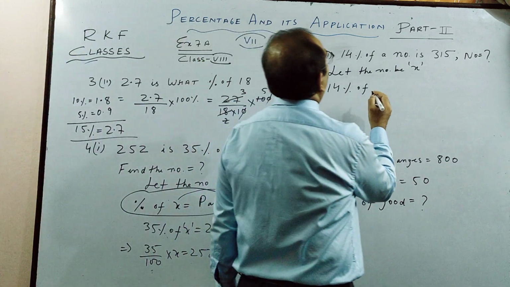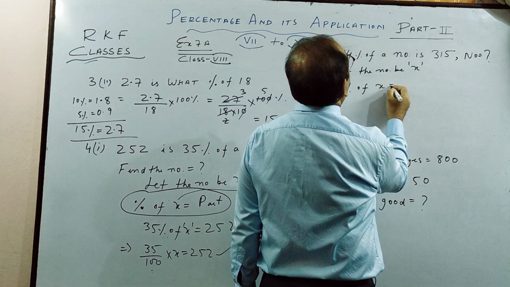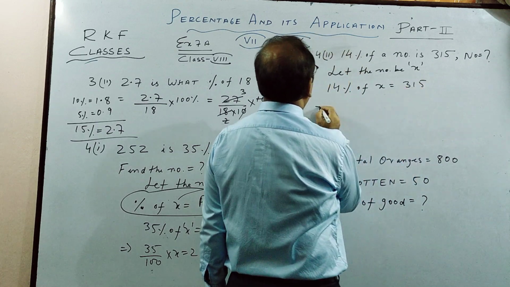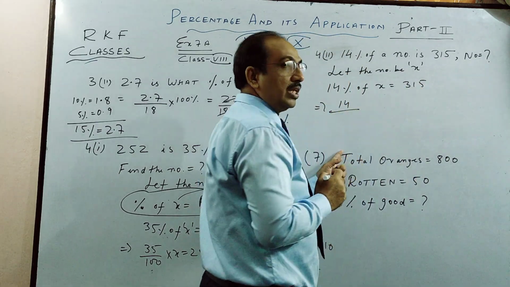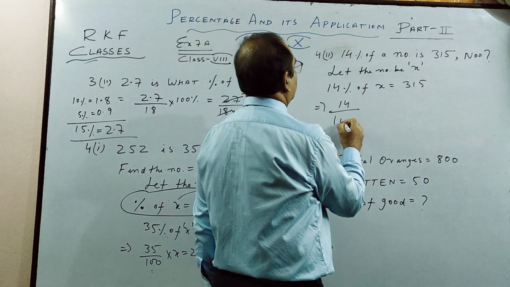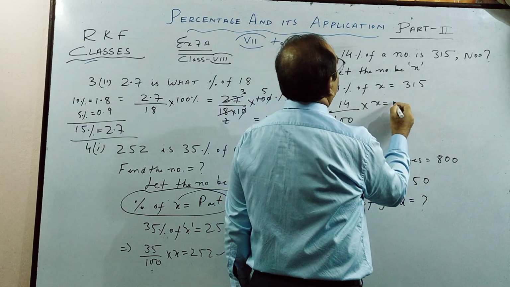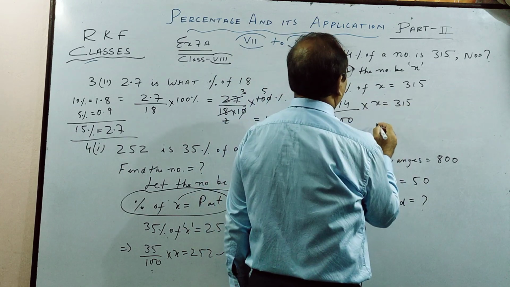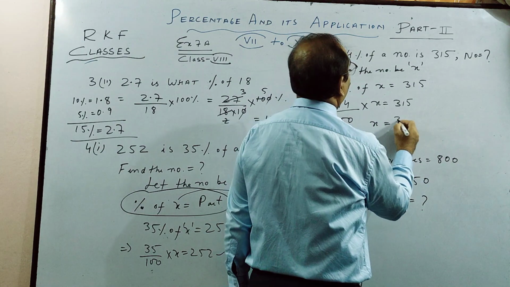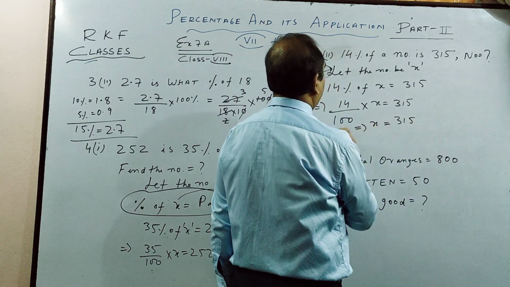So 14% of x is 315. So percentage goes, I told you in part 1, 100 comes into x is 315. So my x you keep here is 315.